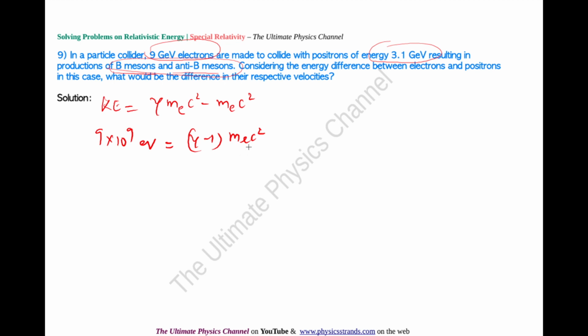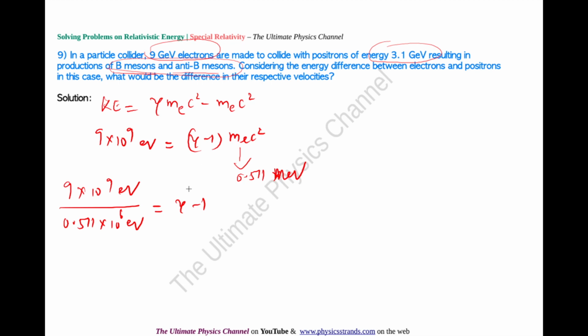This is for the electrons, right? We can write in eV units also, that is fine. Because here it is 0.511 MeV, and the left side is eV, so we multiply by 10 power 6 here also. So 9 into 10 power 9 eV over 0.511 into 10 power 6 eV gives me gamma minus 1, which I wrote on the right side.